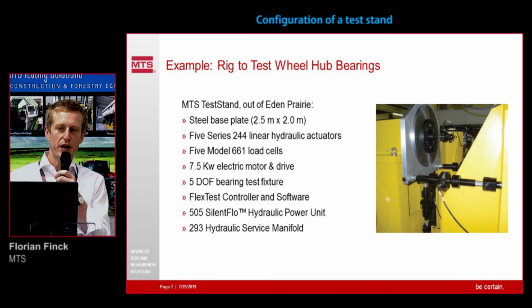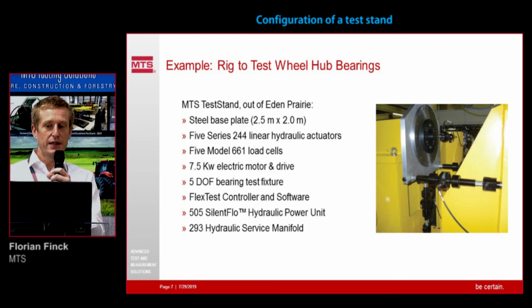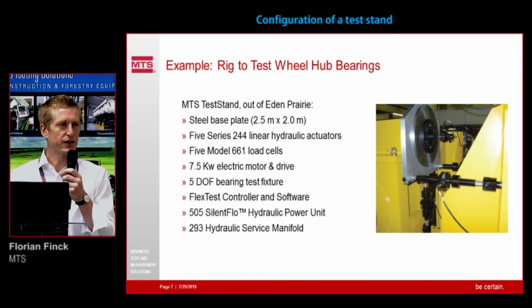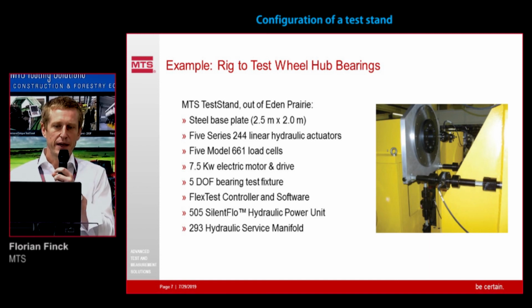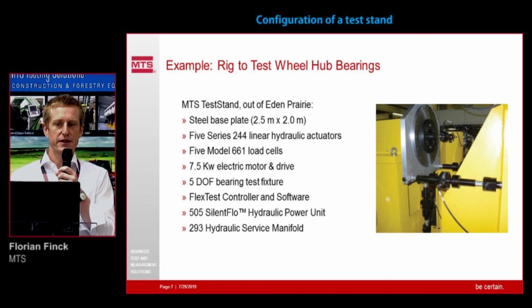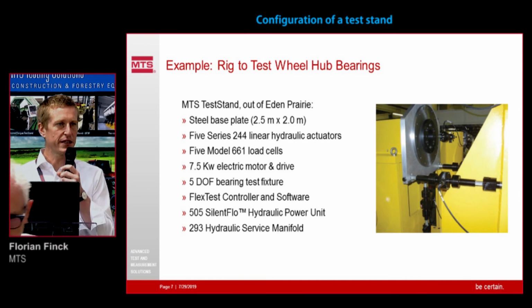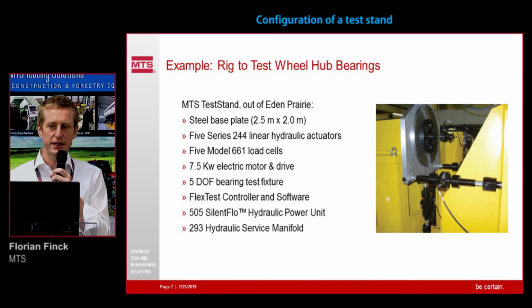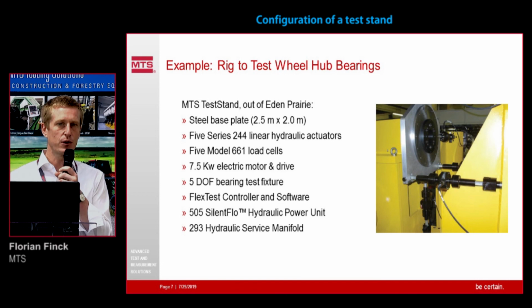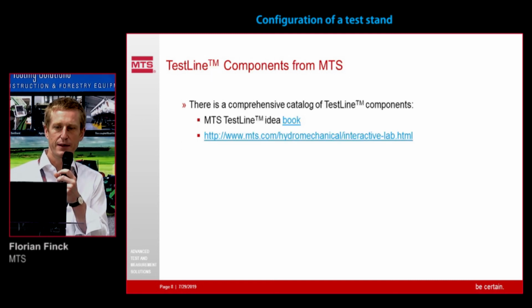So you would probably not reconfigure the system as much as you would in the first example. However, there's still a number of test line components involved in this test system here. And the difference is that this was really designed by a group of MTS engineers and built by some local MTS resources to fulfill the test needs of this customer here in this example.